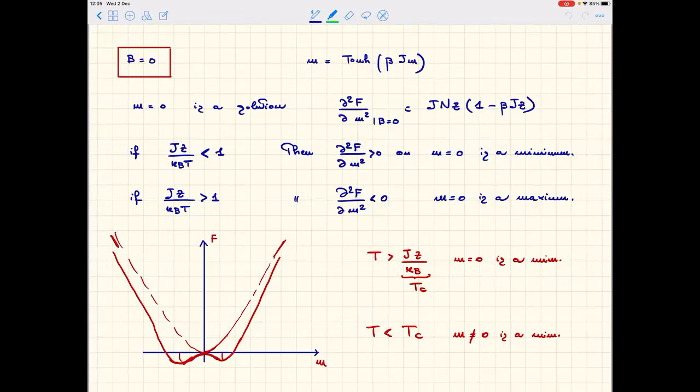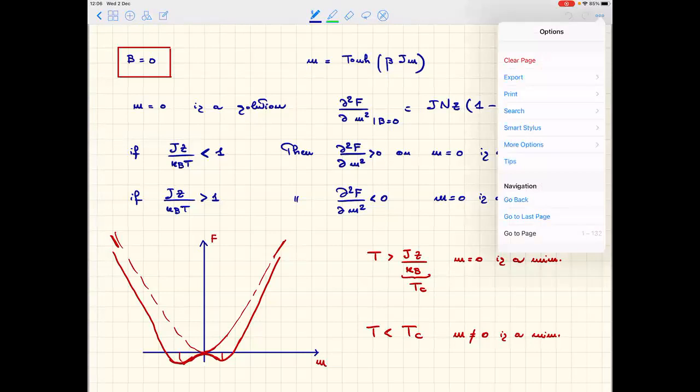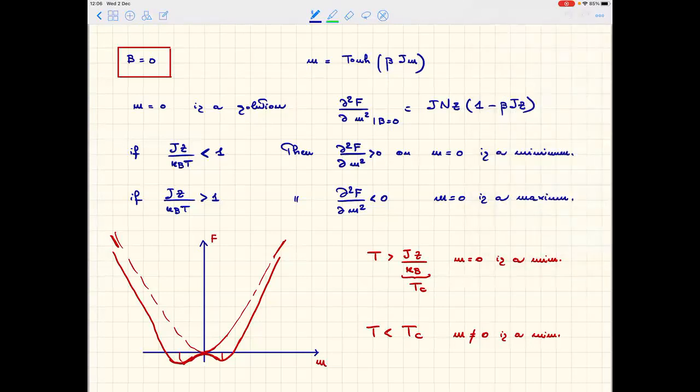You know that it goes to plus and minus 1 at plus and minus infinity. The only relevant parameter is the slope of this curve at m equals 0. Right?